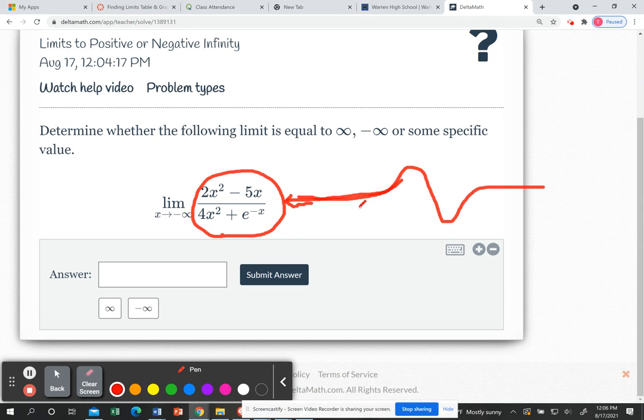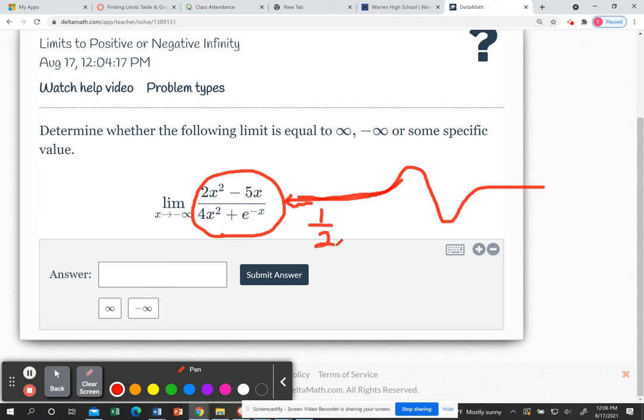Alright, can someone tell me what this thing is getting close to as you go towards this way? I don't think it's 0. Look at it really carefully. It's getting close to 0, but it's not 0. I think it's supposed to be 1/2.